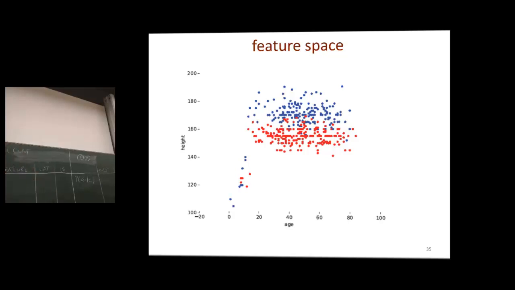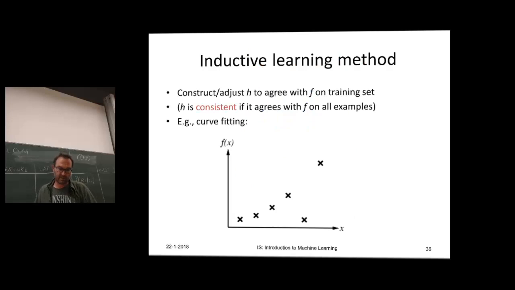And as you can see, this is non-trivial because of these examples. Where would you draw the line? How would you define a function that does this classification? Of course, this is intrinsic to our problem. There is no easy way of separating male and female people based on age and height. But this is exactly the kind of problem that you have to face when you do machine learning.